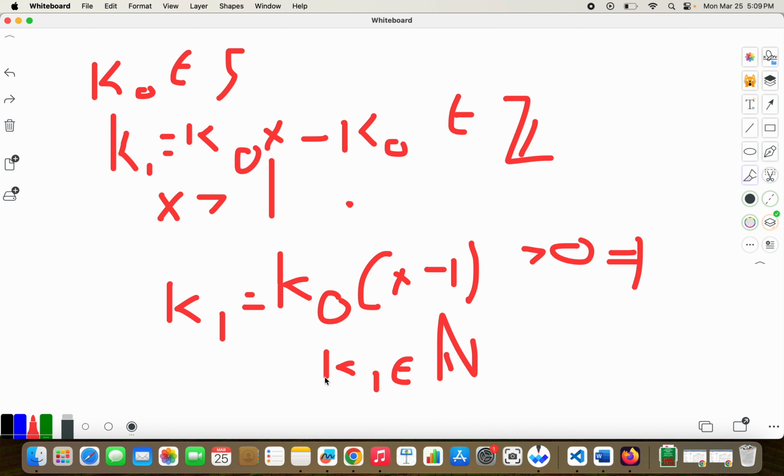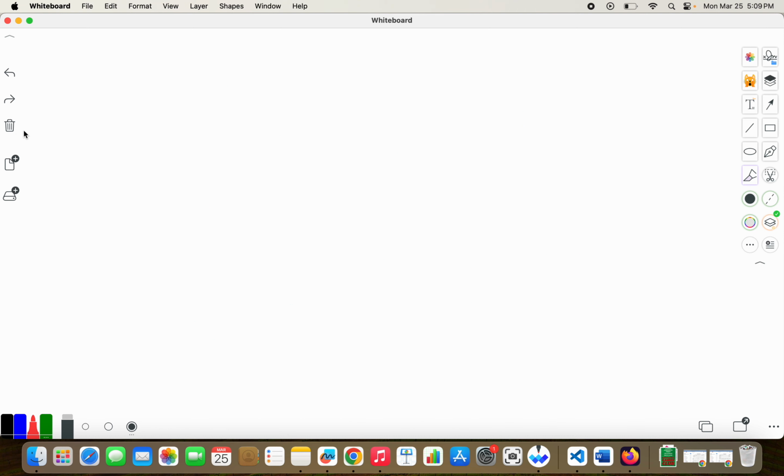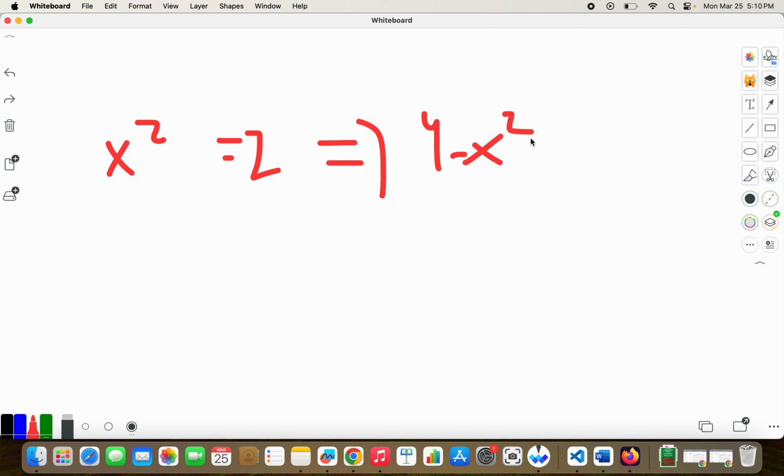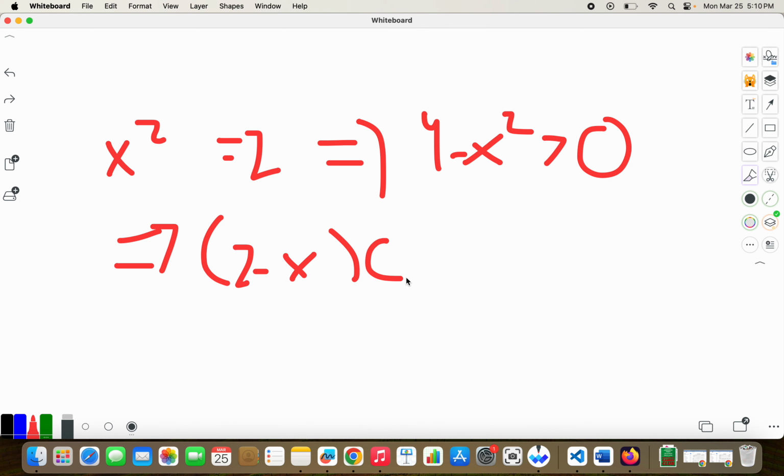This is already getting pretty weird. Since x squared equals 2, 4 minus x squared is greater than 0. So we're kind of getting to the same region over here. What if we look at the same stuff all over again? Yeah, I feel like it's the same stuff.